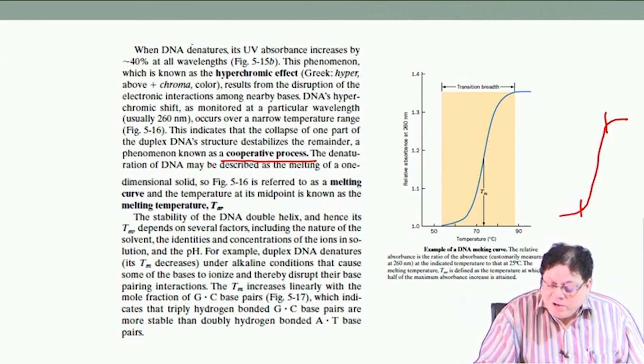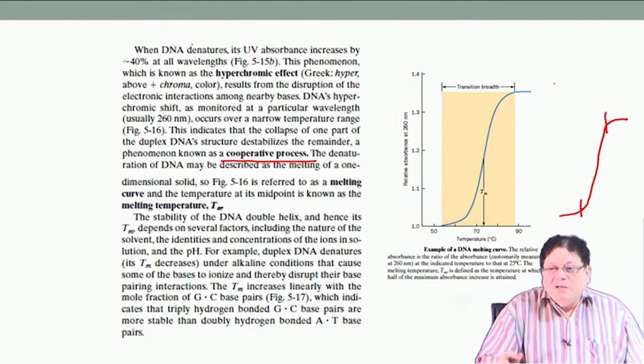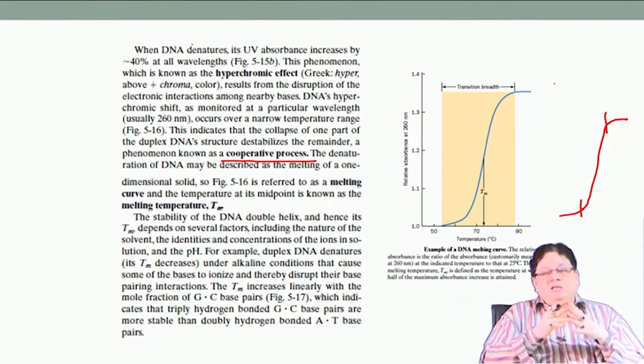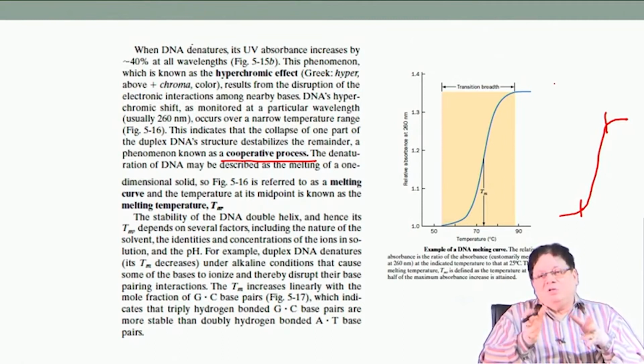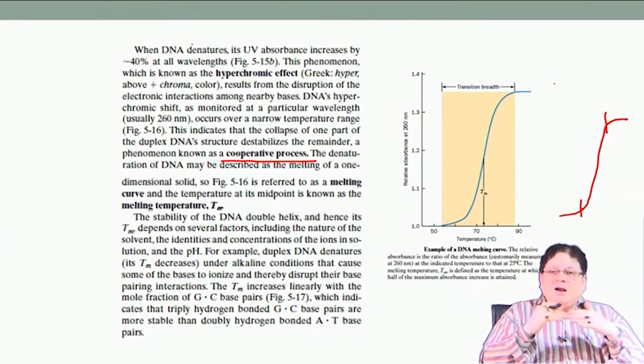But what is important here is that the absorbance increases. See, not only is the hydrogen bond broken within a narrow range of temperature via a cooperative process, but the absorbance also increases and then becomes stationary. That happens because the DNA bases are initially stacked inside the double helix.